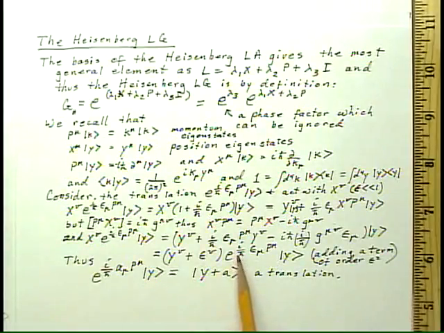The easiest way to see that this is equal to this is to turn around and take this and write it as 1 plus this epsilon term, and when this term multiplies this one, one of those terms is epsilon squared and you throw it away. The other three give you exactly the expression above.